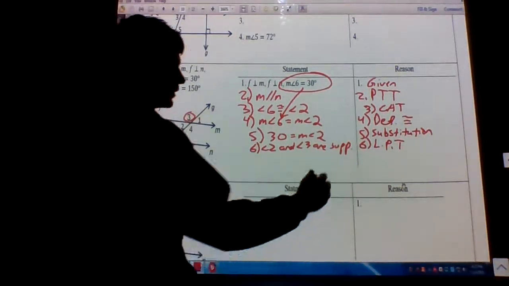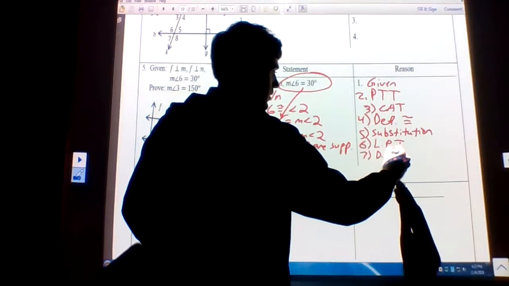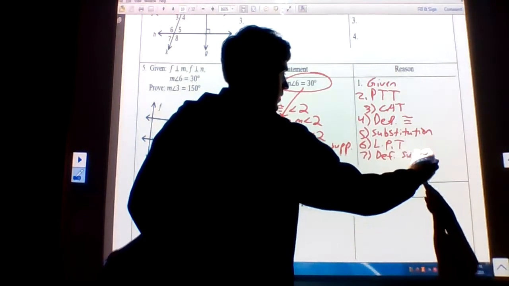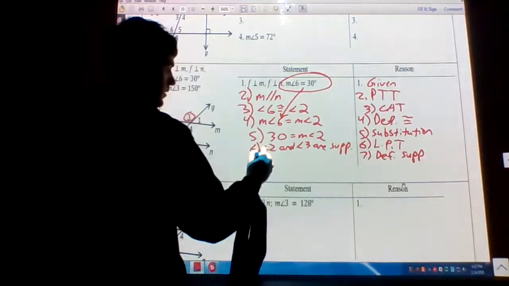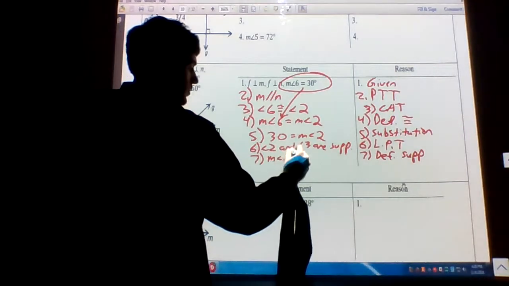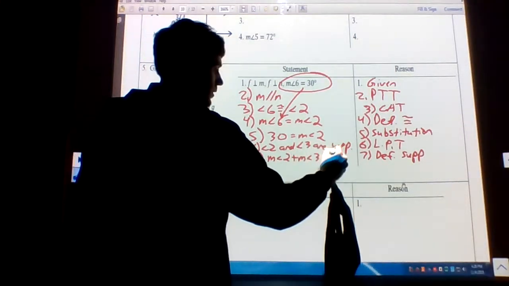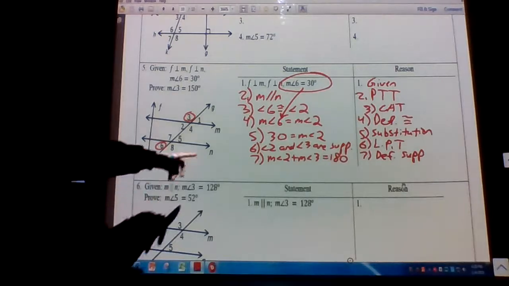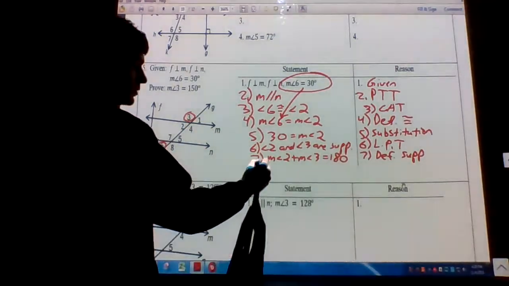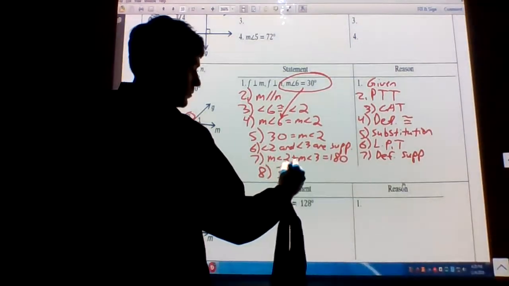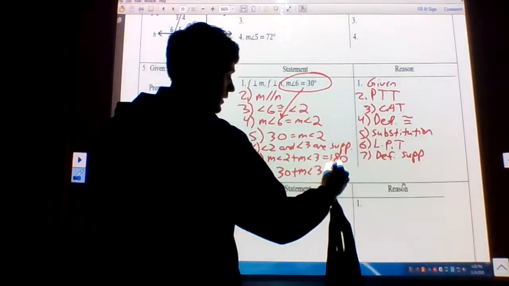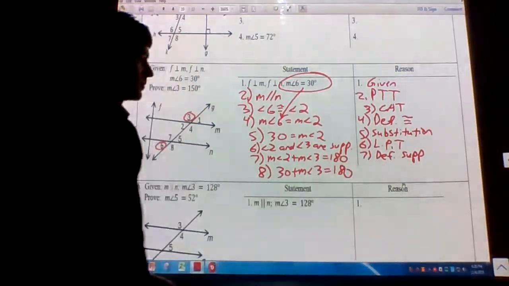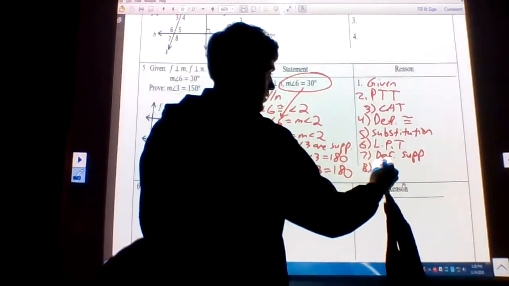By the definition of supplementary, the measure of angle 2 plus the measure of angle 3 equals 180. We know the measure of angle 2 is 30, so we can substitute that in. So it's going to be 30 plus the measure of angle 3 equals 180. That's substitution.